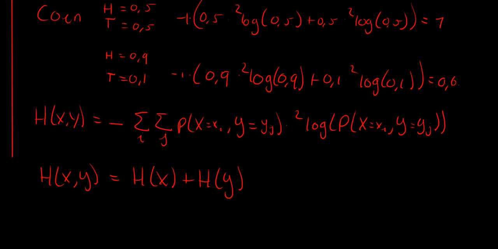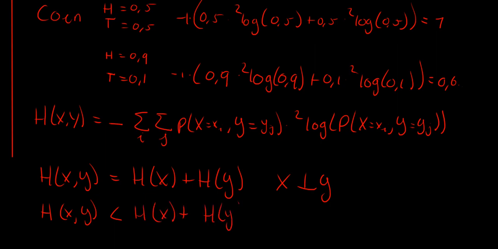This is only equal if x and y are independent. If they are not independent, this will mean that it is not equal, this is smaller than both added separately. So this is if they are not independent.